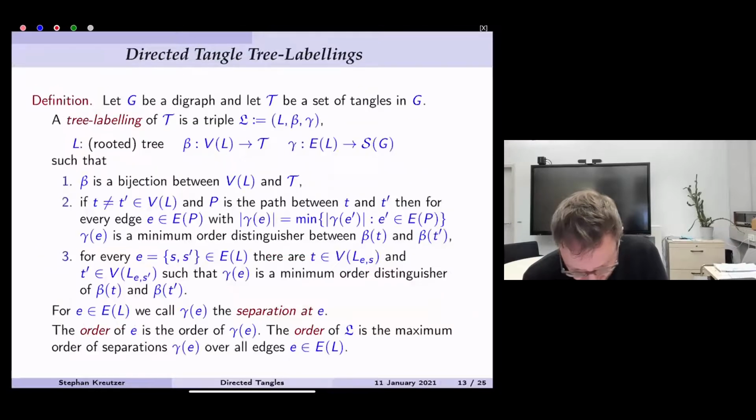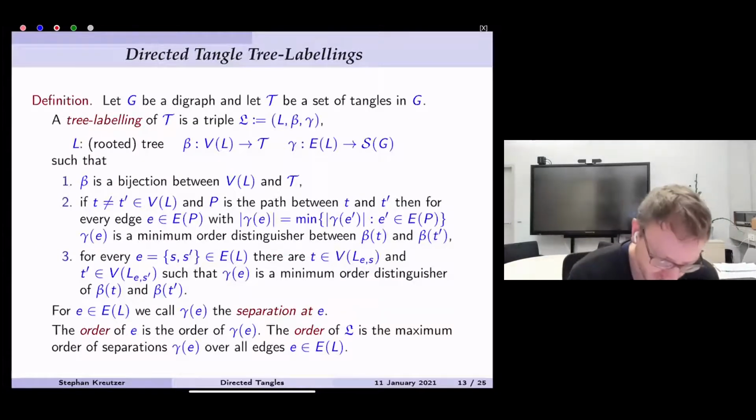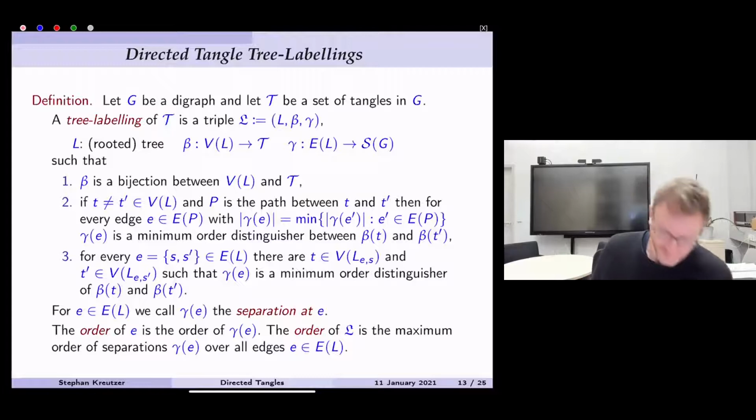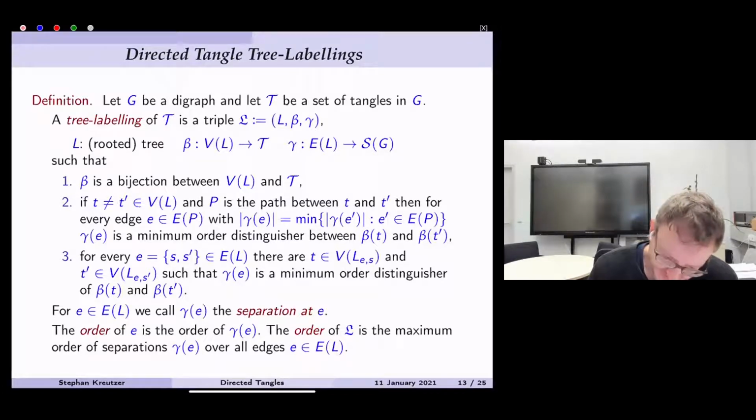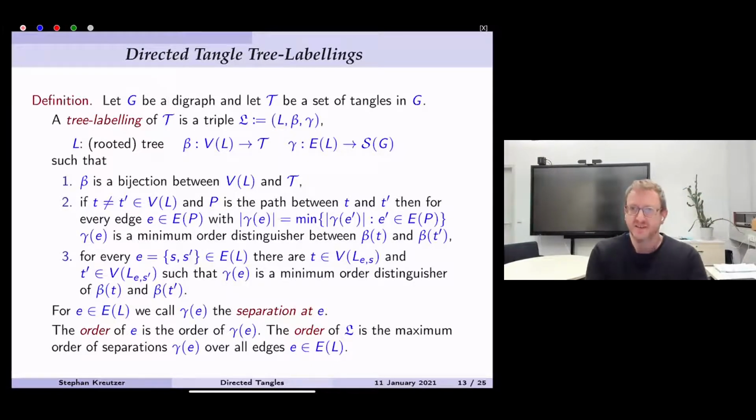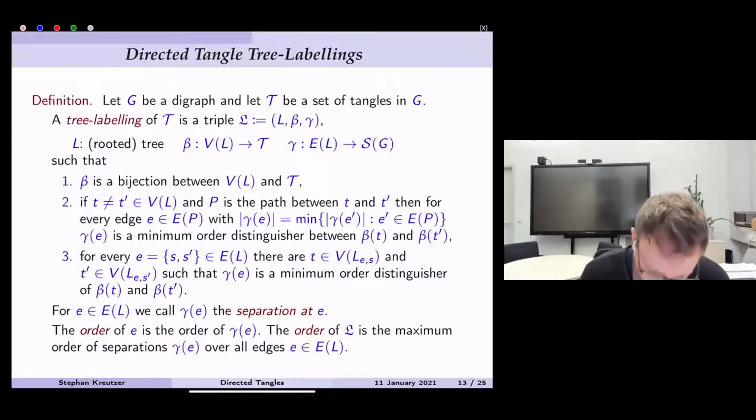Okay, so let's first prove the nicest thing. And so that's the tree labelings, and it's defined like this. So this is the definition, and I give you the example. So we fix now a digraph, from now on everything is directed, and we have a set of tangles which should be pairwise distinguishable. Otherwise, of course, you can't have a decomposition. And then a tree labeling for this set T of tangles is just a triple consisting of a tree. It's a rooted tree, or a directed tree, the direction here doesn't matter, so we can just take a rooted undirected tree.